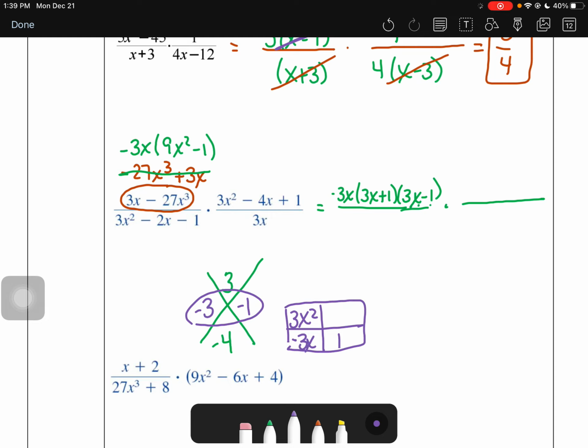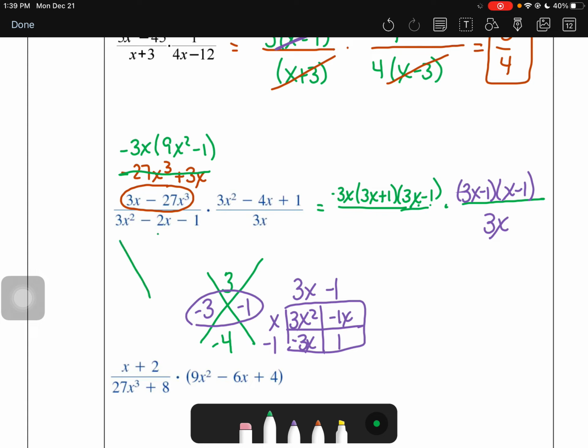And then we have negative 3x and negative 1x. So when we find the greatest common factors of each row and each column, we'd have 3x minus 1 and x minus 1. Below that is a 3x that can't be factored.